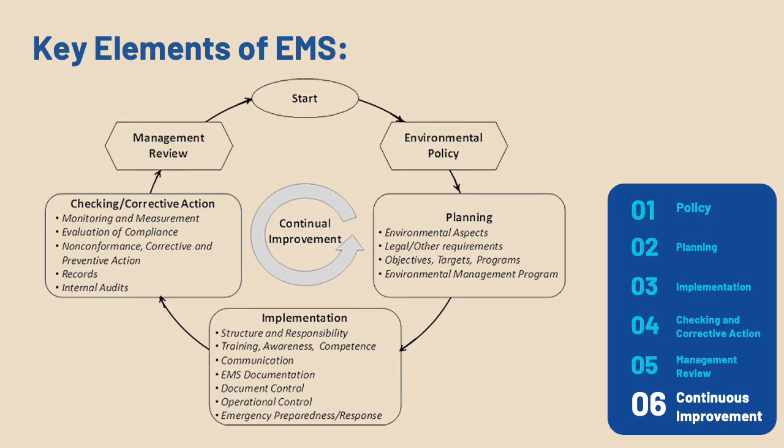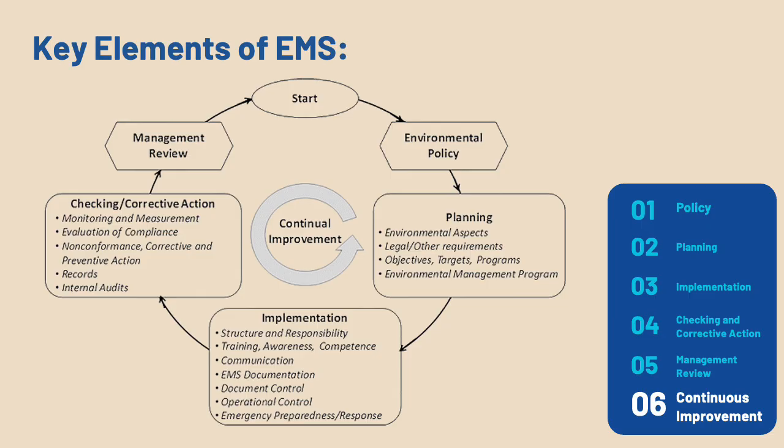But if any of that is not improved or achieved, continual improvement is the time where the management will highlight what improvements need to be taken. Finding new ways to reduce environmental impacts also falls under continual improvement. The idea is that there's always room for improvement, no matter how well you are doing.